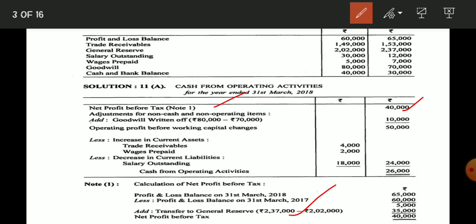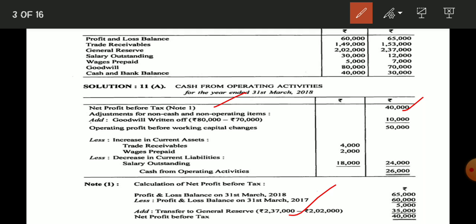Now the same procedure as in the previous video: increase in current asset will be less and decrease in current liability will be less. So increase in current asset, trade receivable. Check here, trade receivable in the previous year is 1,49,000 and in the current year it is 1,53,000. So the difference will be less. Now wages prepaid is also treated as a current asset.